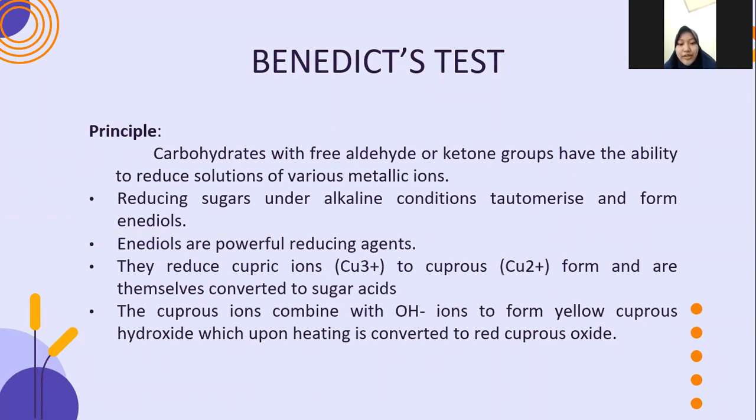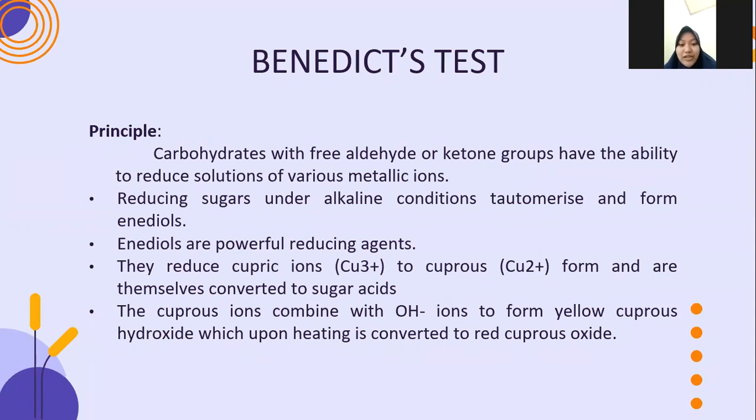Principle. Carbohydrates with free aldehyde or ketone group have the ability to reduce solutions of various metallic ions. Number one, reducing sugar under alkaline condition tautomerizes and forms enediols. Number two, enediols are powerful reducing agents.